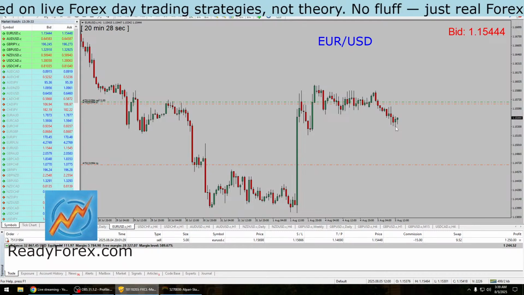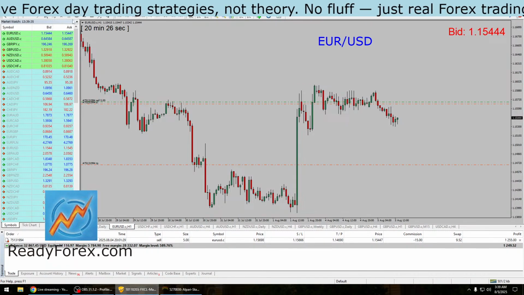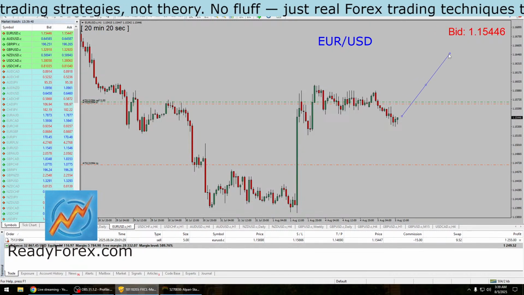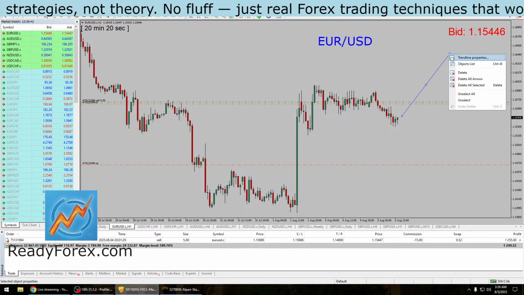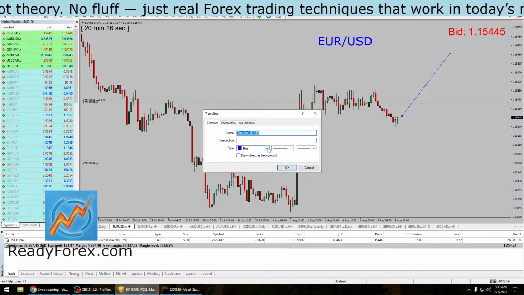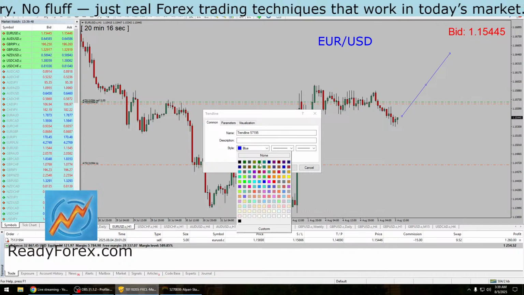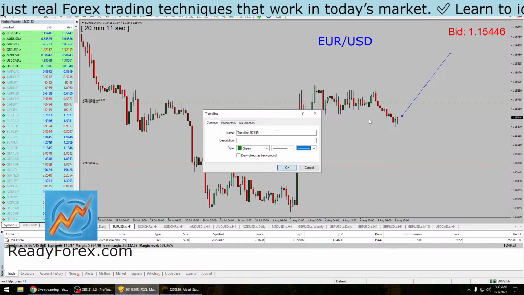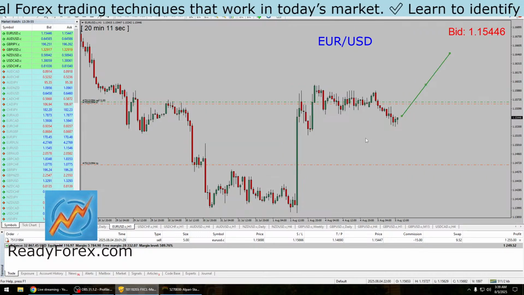Maybe the market is just going to bounce back up, and you might get a bullish leg over here. If price action rises, then I will get out of the market with a 3 pips profit. I already moved my stop.